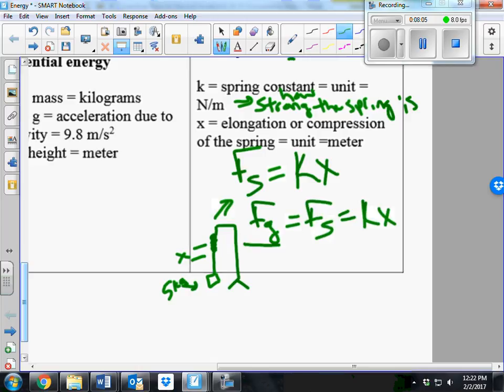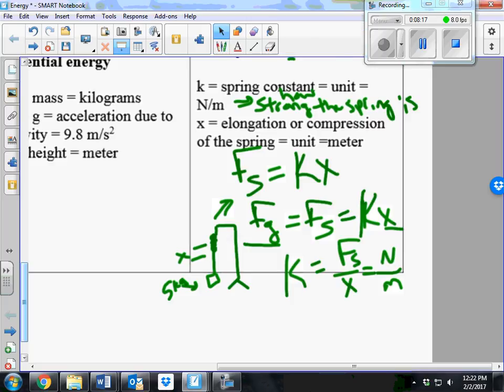Since I can measure and know this, and since I can measure an x, I can solve for k. Because if I solve this equation for k, it's force divided by x, which is newtons divided by meters. So Hooke's law is really important in figuring out the k value when you don't have it.